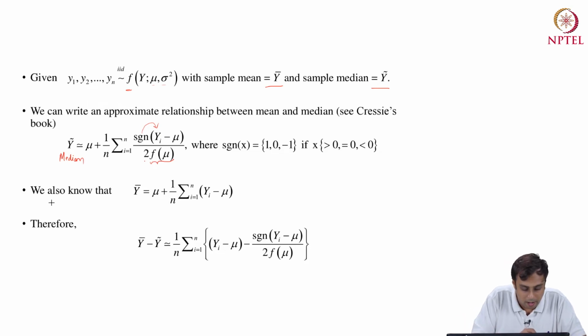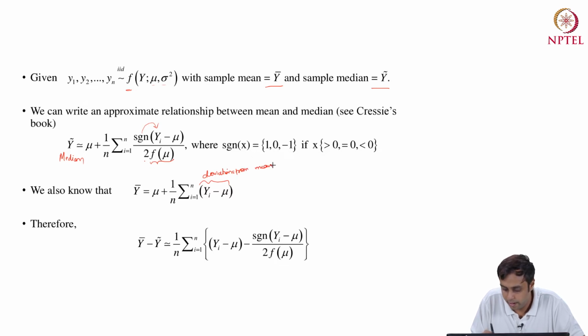Okay. Now, we also know we can write the sample mean y bar as equal to the population mean plus 1 over n summation i equals 1 to n of yi minus mu. Why is that? Well, because the summation of deviations from the mean is 0.